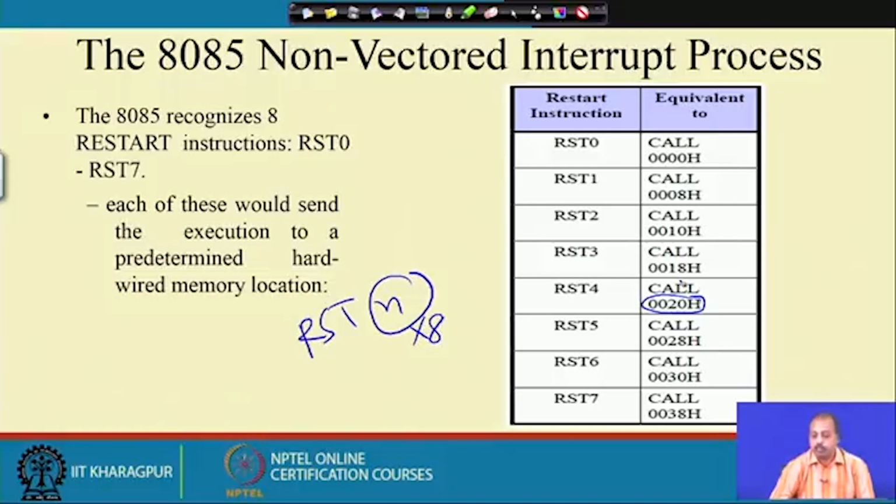Okay. At that location the interrupt service routine should exist. It may be a jump instruction to the actual routine, or if the routine is very small, between two successive RST locations we have 8 byte space. So, if my interrupt service routine is very small, I can hold it in 8 bytes. That may be sufficient, or if it is not so, then we should put a jump instruction and go there.